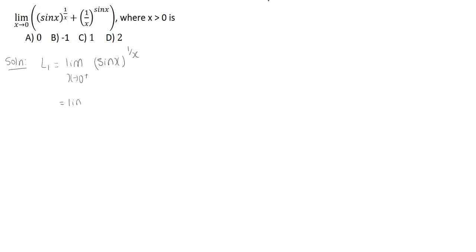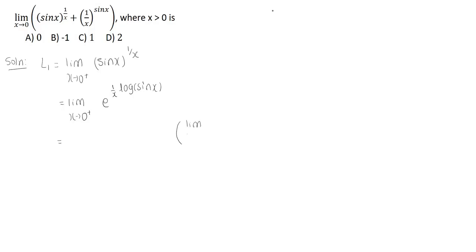In exponential form, you can rewrite this as limit x tends to 0 plus e raised to 1 upon x log of sine x. Now, if you apply the limit, you should know one thing.